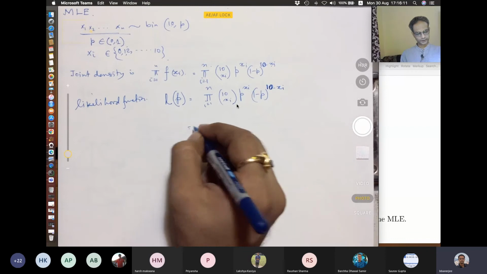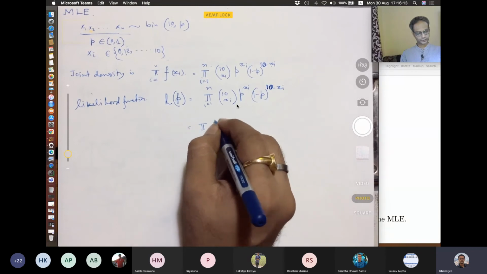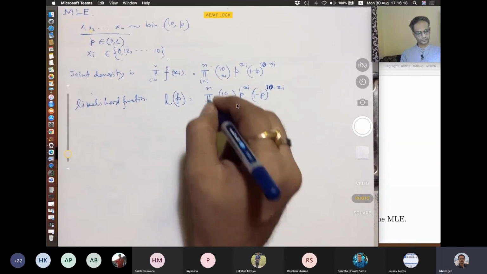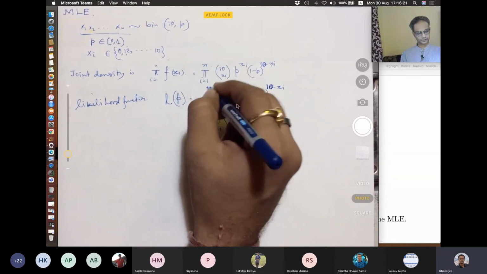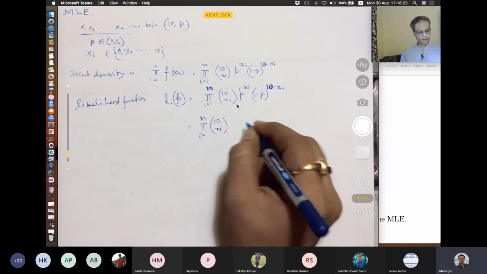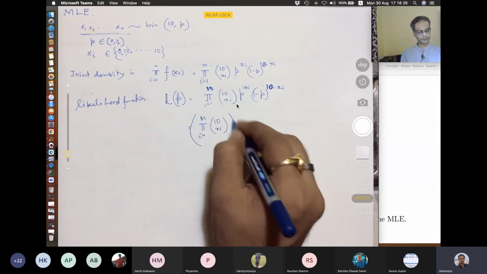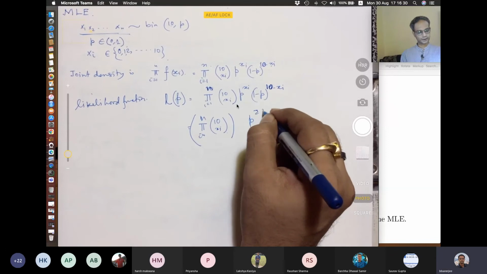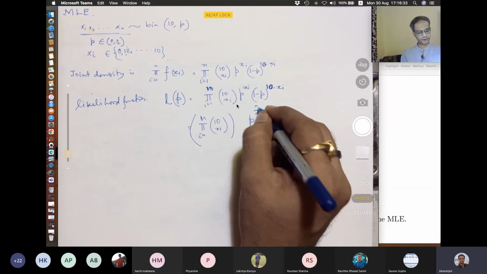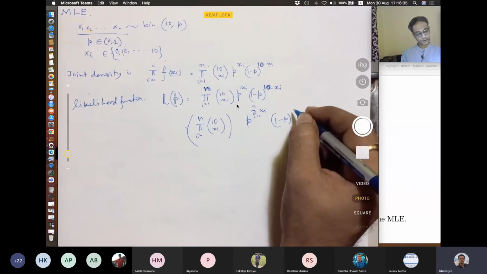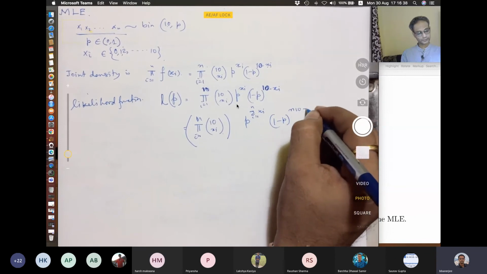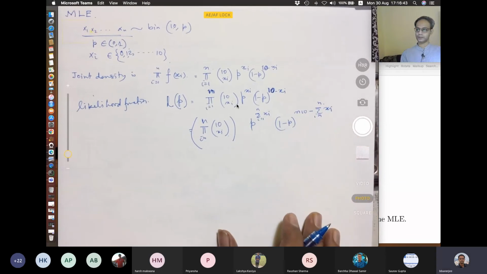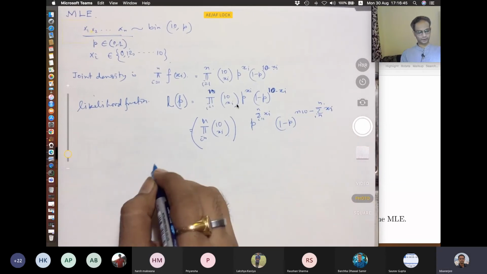So it can be written also as a product of 10 choose xi, i running from 1 to n, and this is one part, and then p to the power sum over xi, i running from 1 to n, 1 minus p to the power n into 10 minus sum over xi. So L(p), now you can take the log.